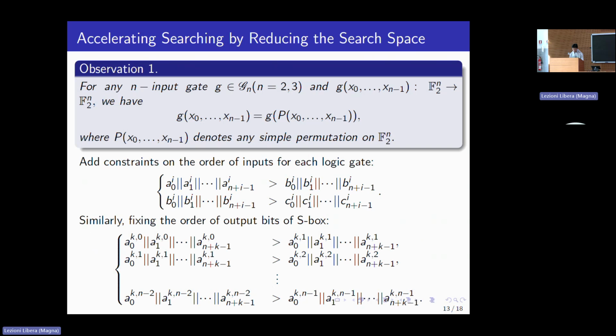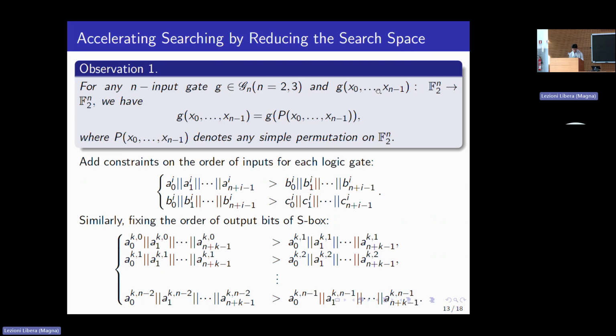So we found that when using 2-input and 3-input gates from a specific logical gate set, like the one here, the output of each gate is not affected by the order of the inputs. And we add constraints on the order of inputs of each logical gate in SAT like below.